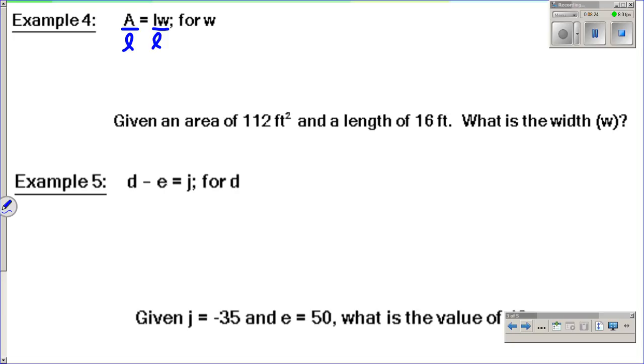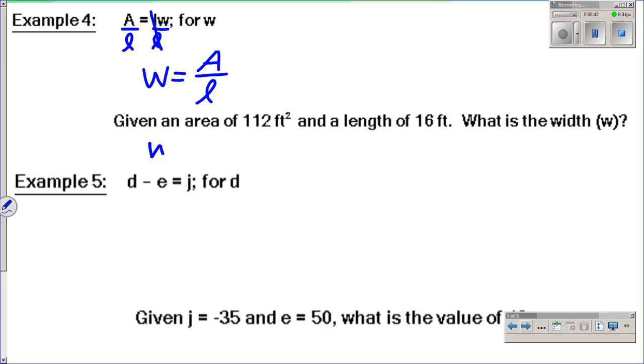So here, L divided by L is just 1. So we have our w by itself. So our width equals the area divided by the length. So it says, given the area of 112 feet squared and a length of 16 feet, what is the width?